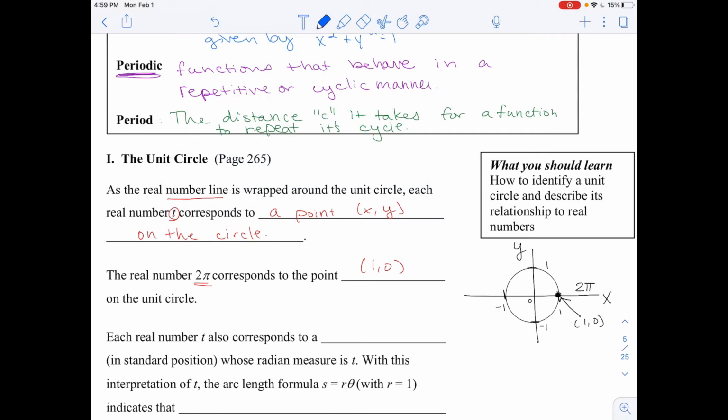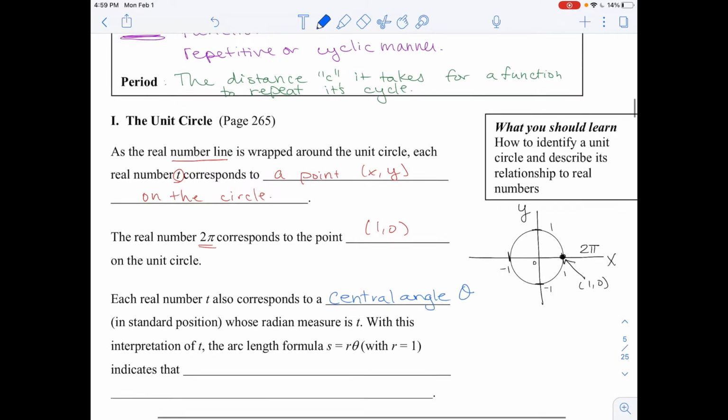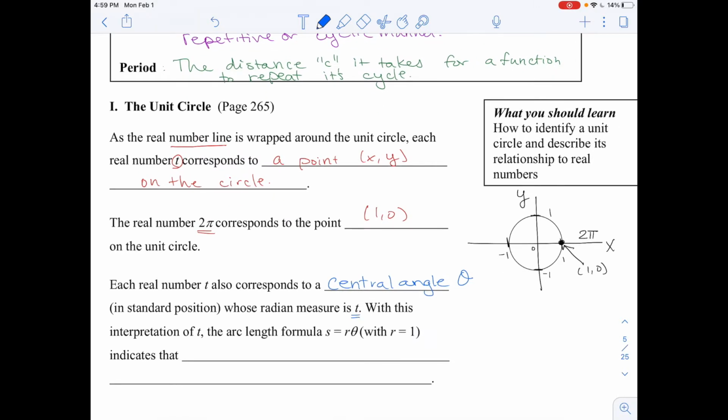And each real number t also corresponds to a central angle that we call theta, or some other variable like t, in standard position, whose radian measure is t. So when we say t, that means it has a radian measure of some value t.